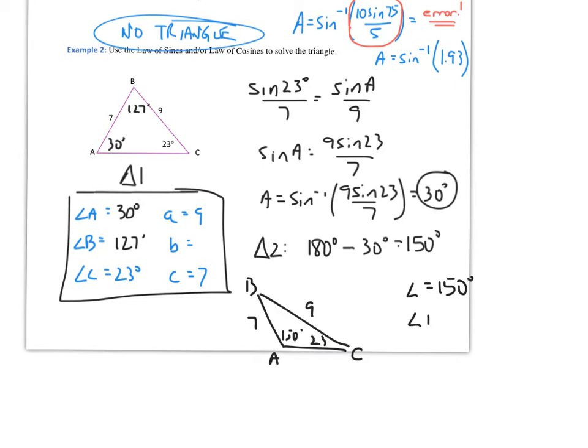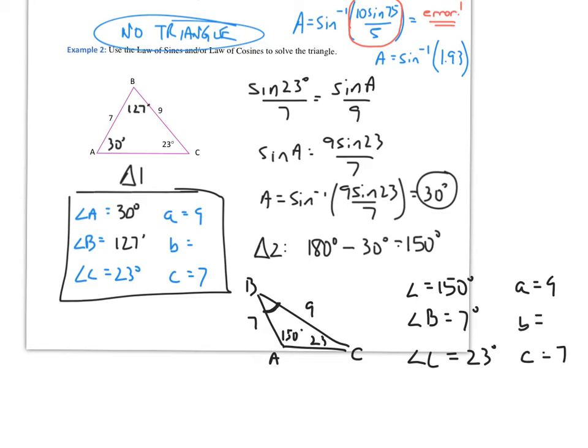Can anybody tell me what angle B would be if one of the angles is 150 and one of the angles is 23? 7 degrees. And then angle C is 23 degrees. Little a is still 9, and little c is still 7.